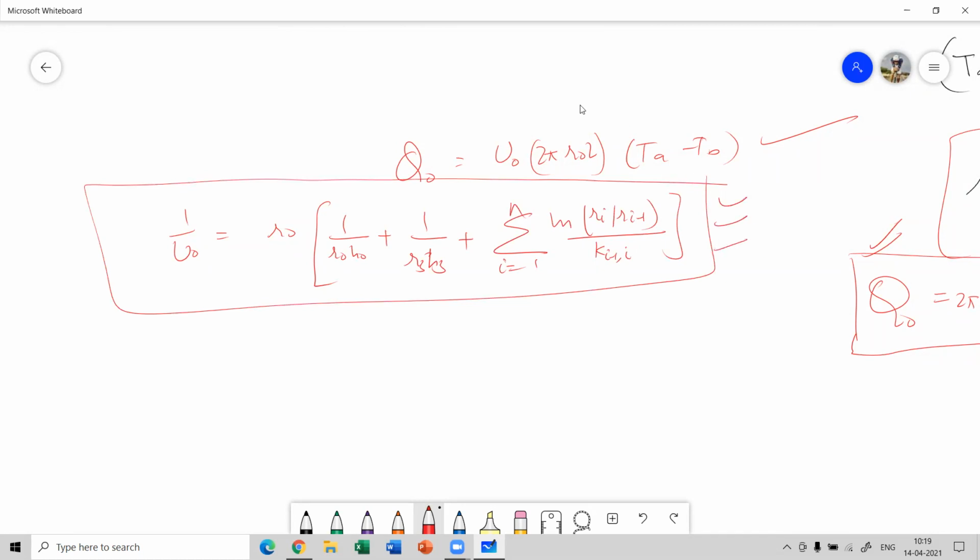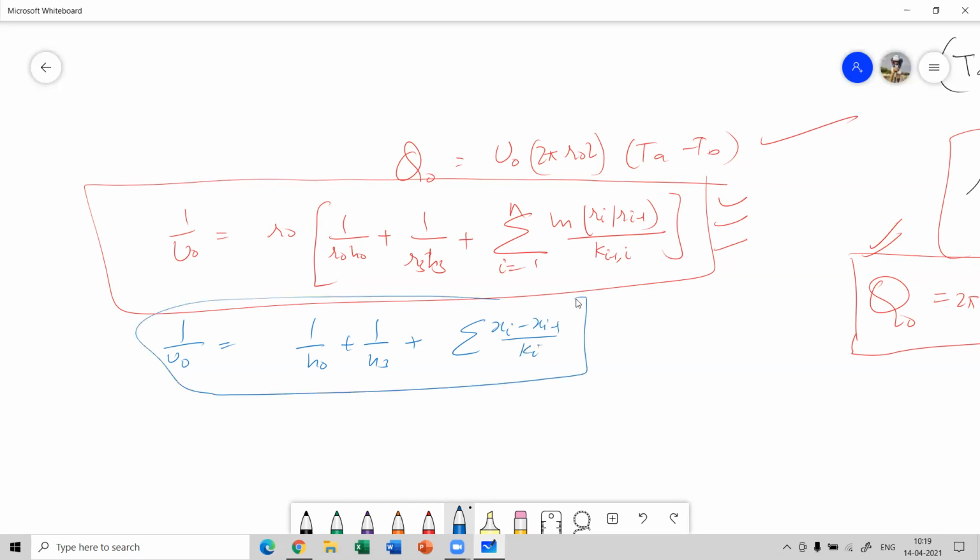Whereas in case of rectangular systems, it was 1 by U0 equal to 1 by h0 plus 1 by h3 plus the summation of x(i-1) over ki.